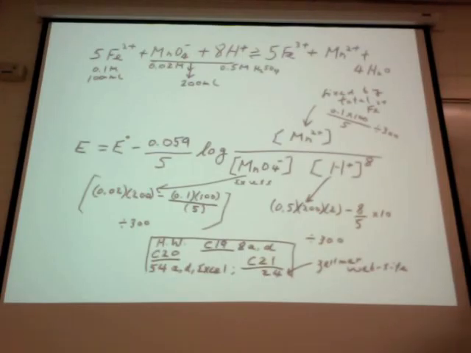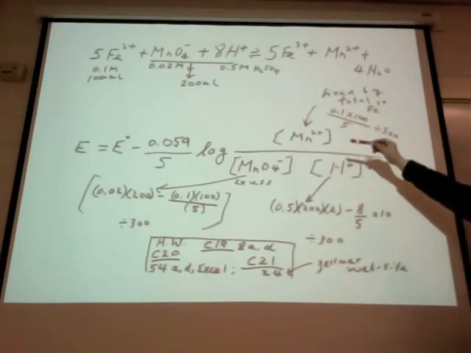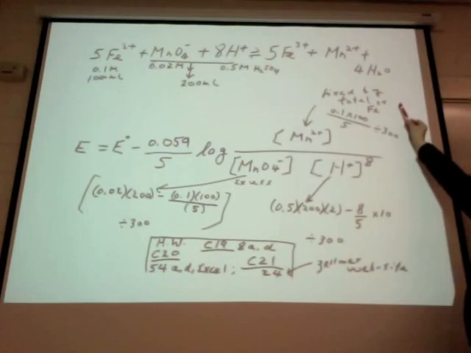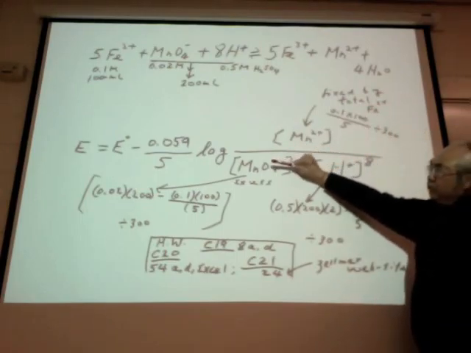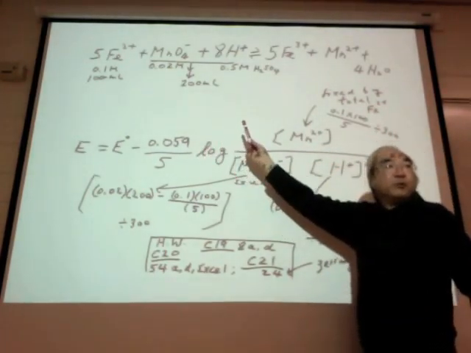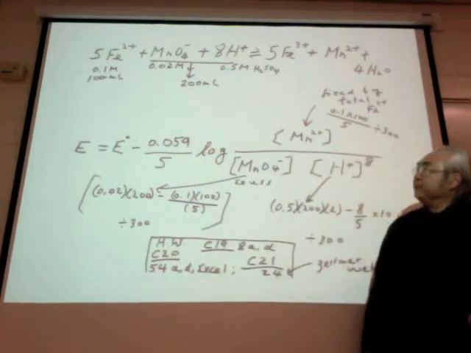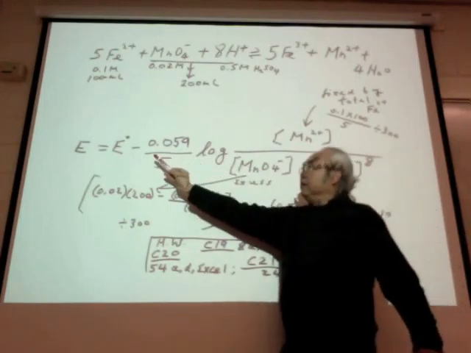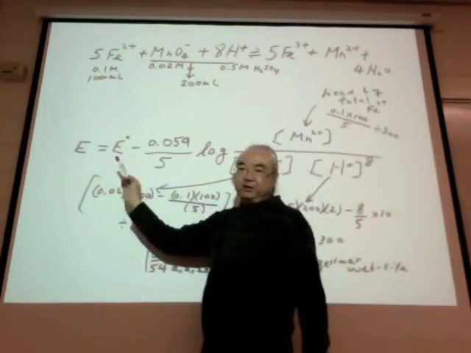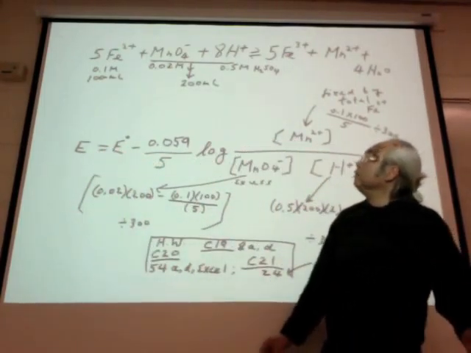Then it turns out that it's beyond the end point, so you need to determine that. So it is going to be beyond the end point. At home, I want you to prove that it's beyond the end point. Now calculate the potential based on the manganese Nernst equation.